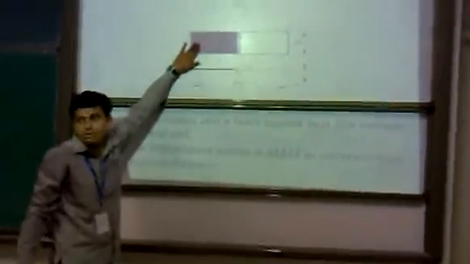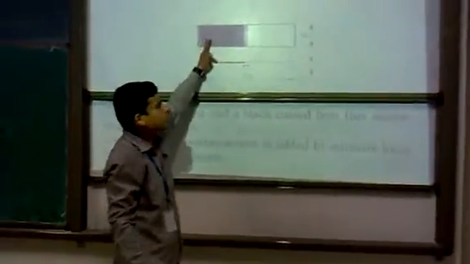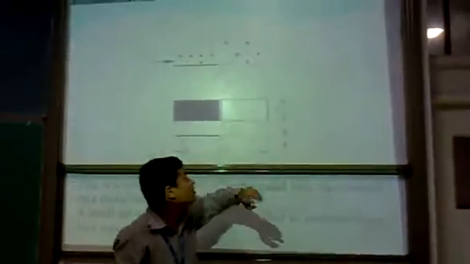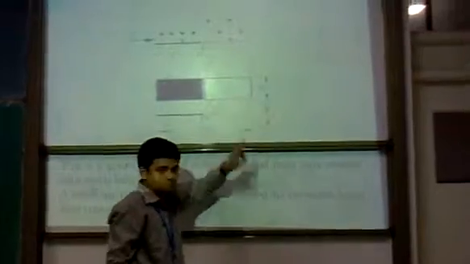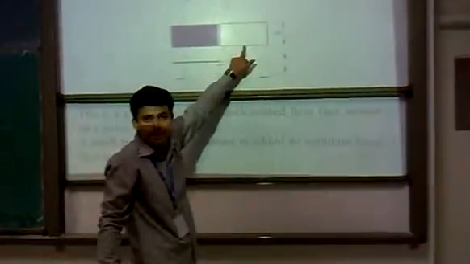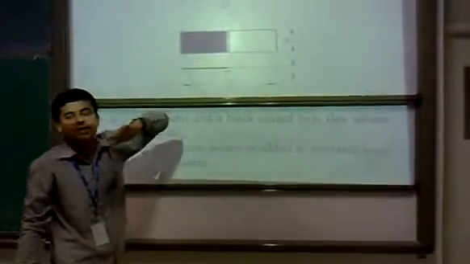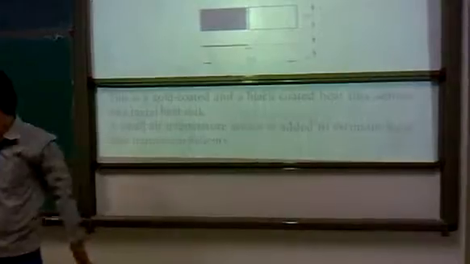The black metal coated plate absorbs both radiation and convection type heat. And this gold type plate only absorbs the convection type heat. For this, the assembly is used for measuring both types of heat, radiation as well as convection.